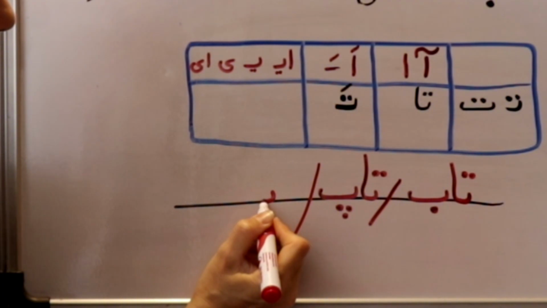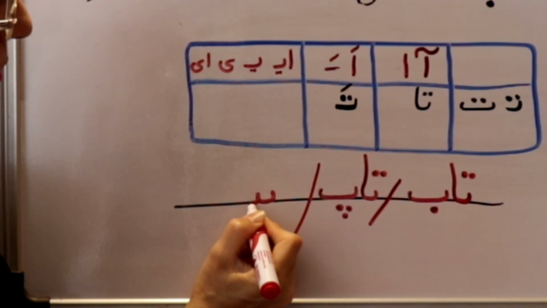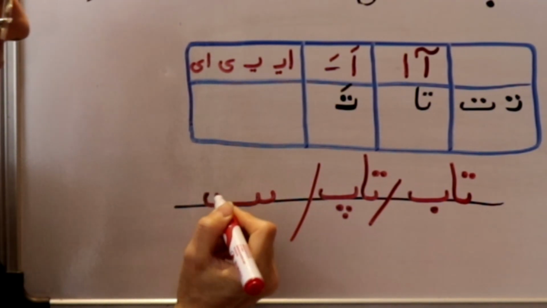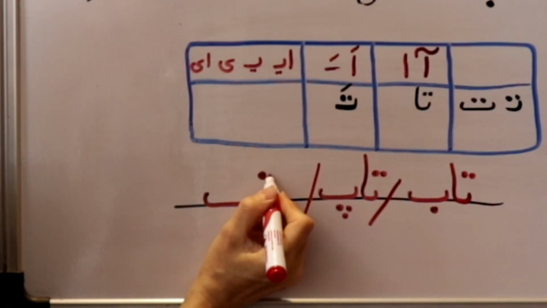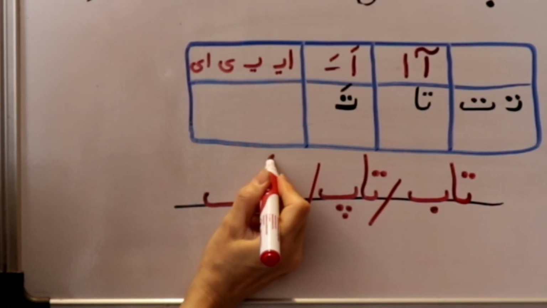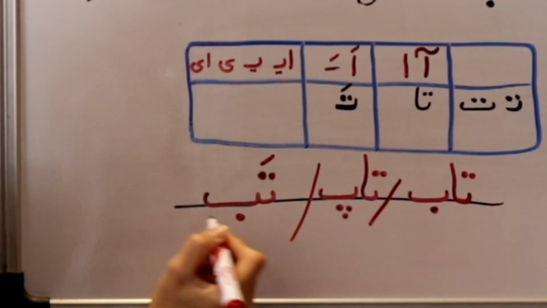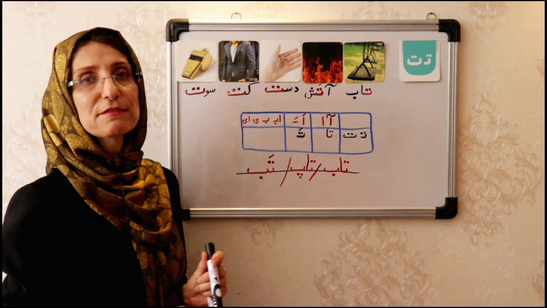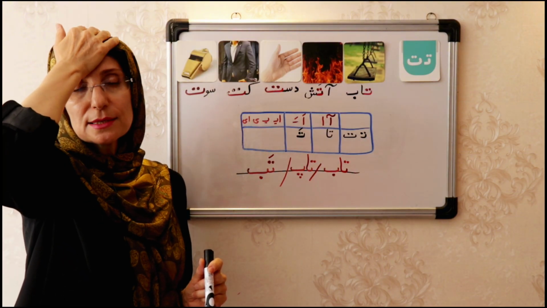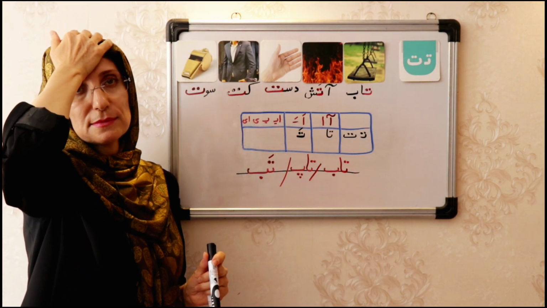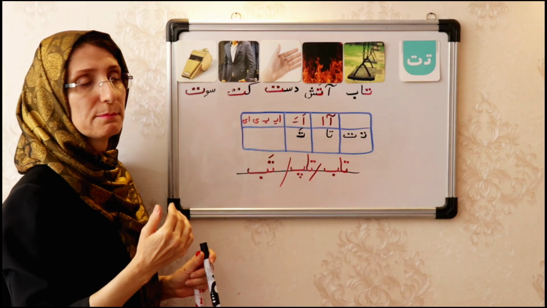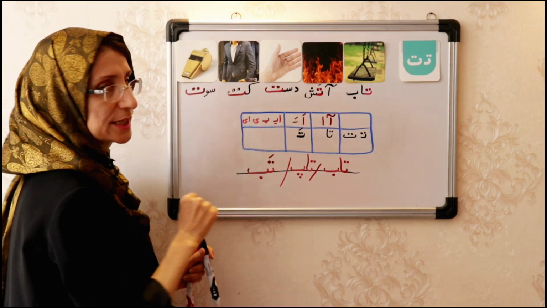We write whole form. One is for T, one is for B آخر. Then put the dots. Tab. Tab is fever. In Persian we say tab daram. I have fever.